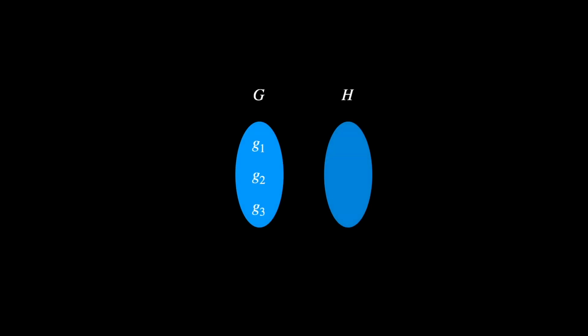Well, to do this, we define a function f from G to H, and this function will map elements of G to H. Since G and H are really the same group, it makes sense that they are the same size, and therefore it also makes sense that our function is one-to-one. In other words, when this is true, we say that f is bijective.